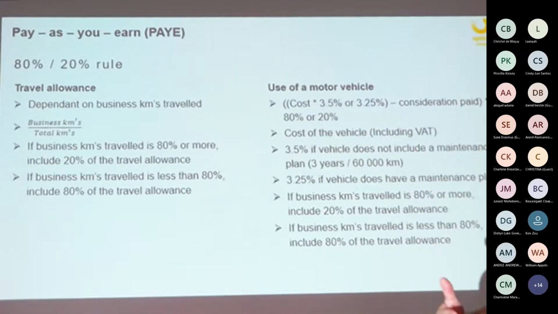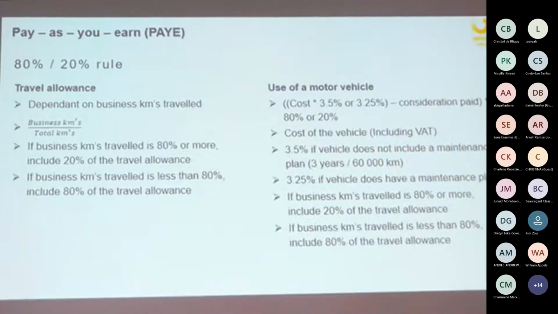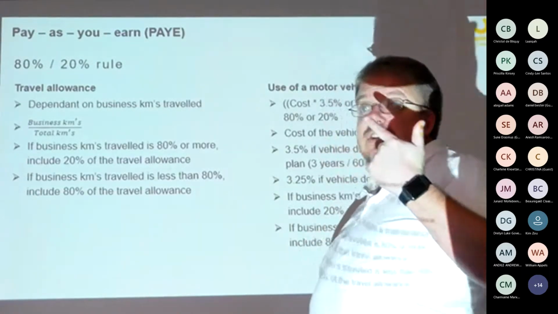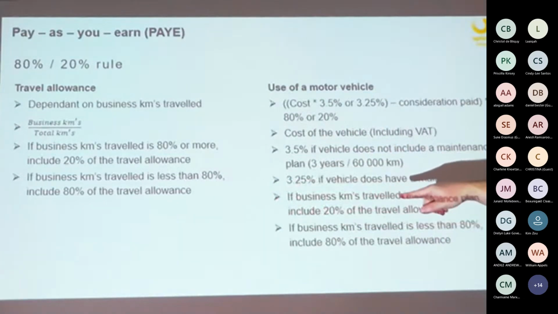Then, as with any other fringe benefit, you deduct the considerations that the employee paid for the use. And then you multiply it by either 80 or 20%, based on that same principle. So we get the determined value of the car, which is the cost, including VAT, excluding finance charges. Excluding finance charges, noted. So it's not the amount that you financed the vehicle for.